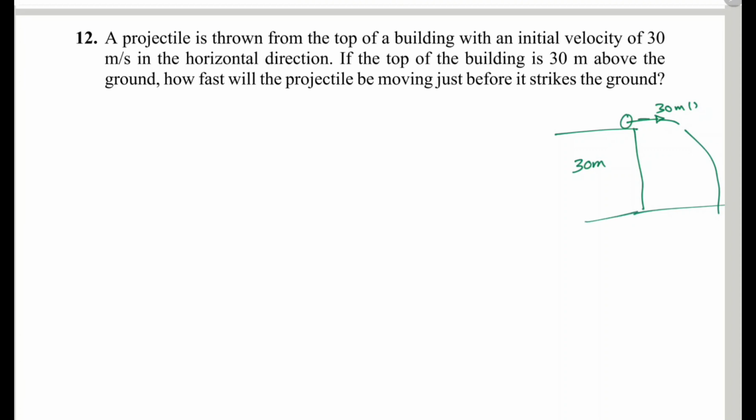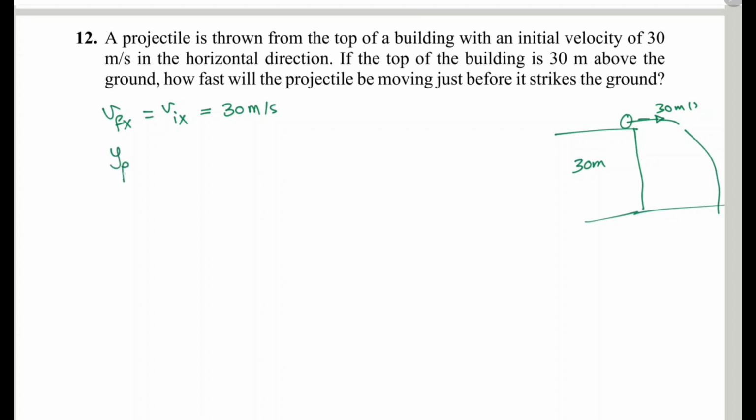Now the question, how fast will the projectile be moving just before it strikes the ground? So it asks actually about the velocity just before it strikes the ground here. So the final x equal to the initial x. Remember, this is projectile, no acceleration on the x-axis whatsoever. In this case, it's equal to 30 meters per second, and no initial y component.